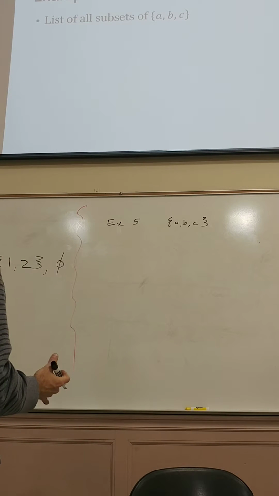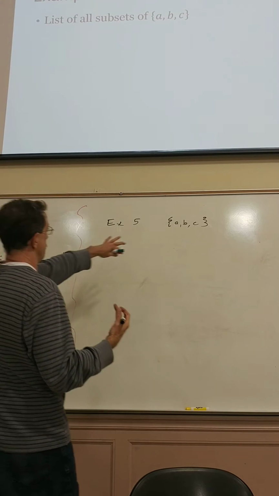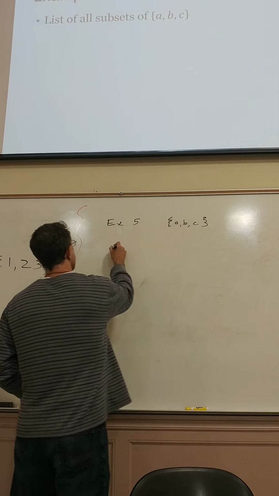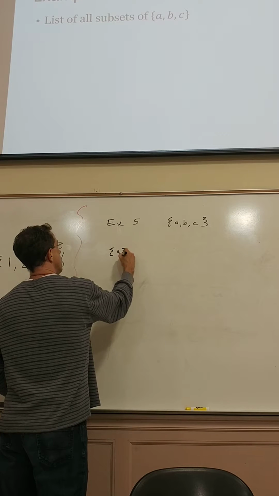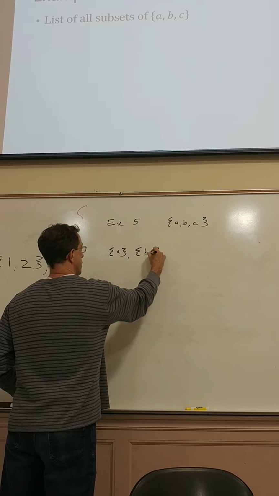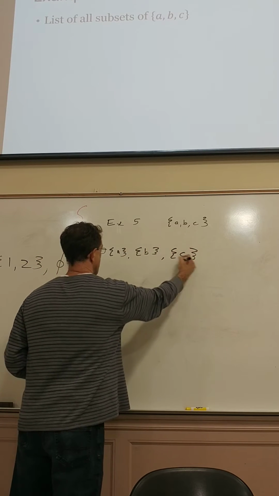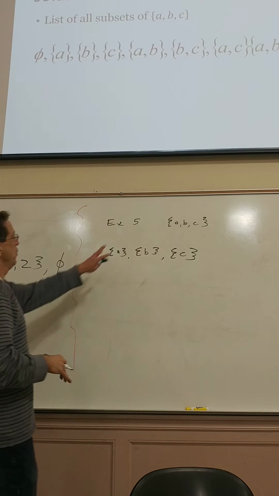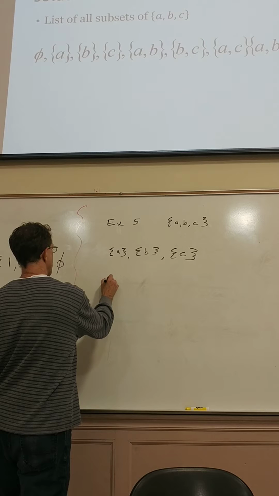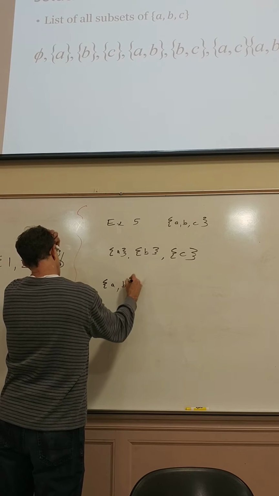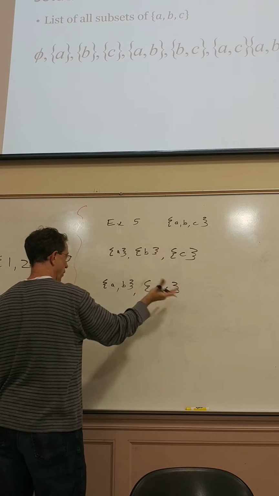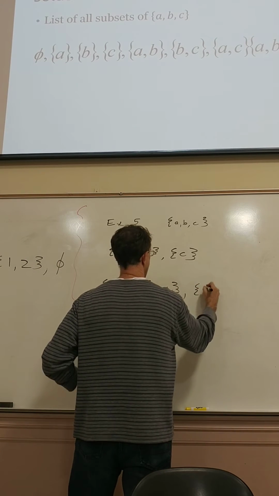If we want to list all the possible subsets of this set, we could do the individual elements, which will be the set of A, the set of B, the set of C. You also could do 2 element subsets, which would consist of AB, AC. I just compare A with both of them, and then you can do B with C.